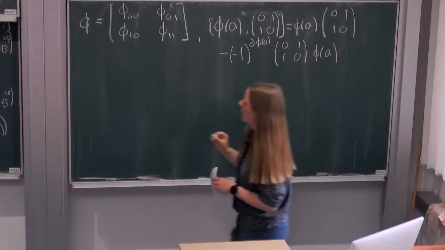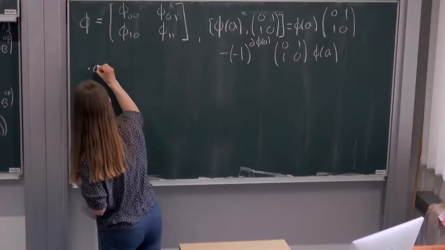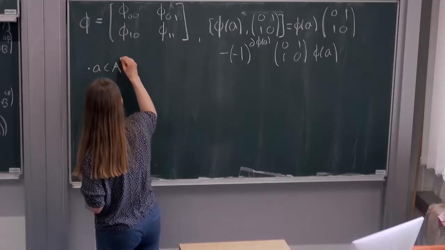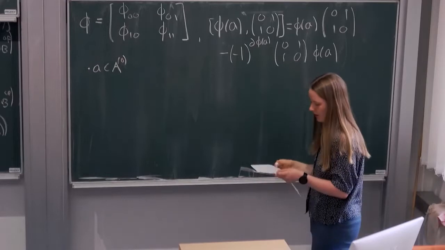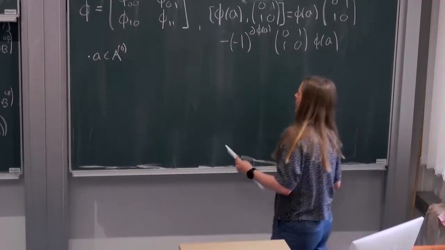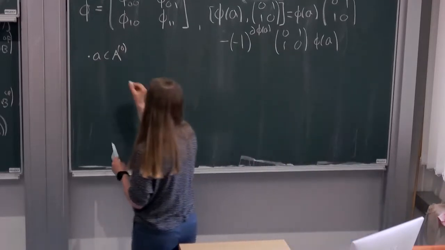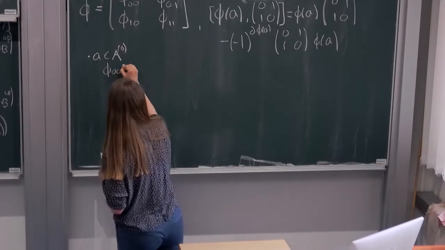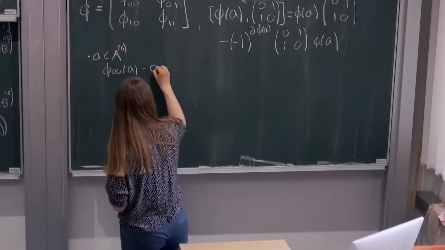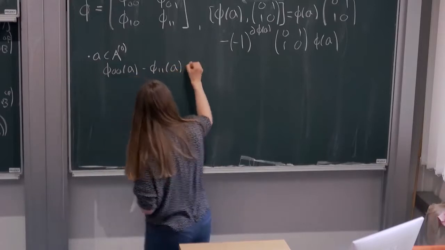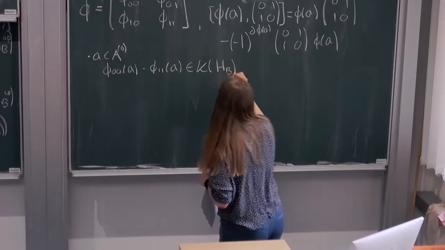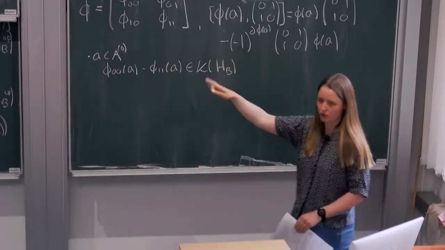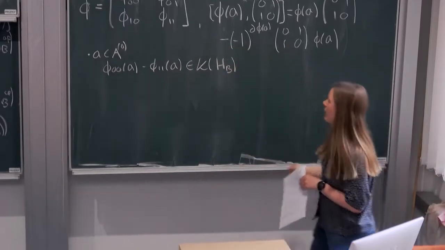So if a is inside the degree 0 part, then we just get that phi 0,0 of a minus phi 1,1 of a should be in K of HB by the condition of the Kasparov module.